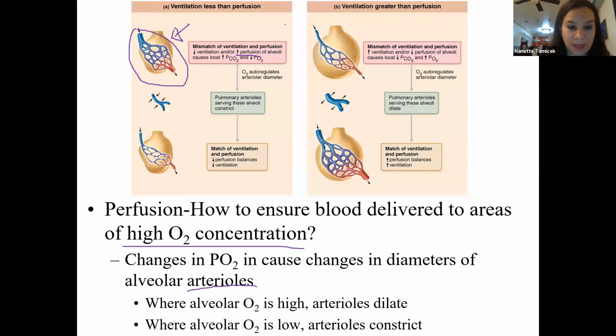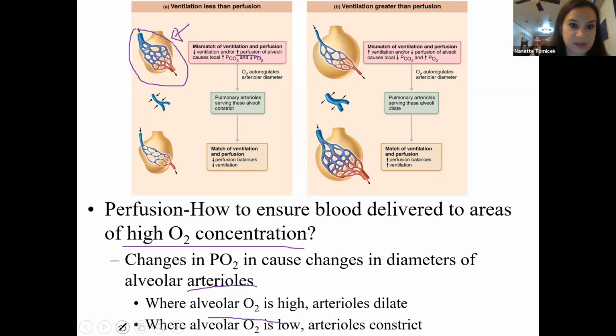Okay, so if the alveolar oxygen is high, those arterioles will dilate so that they can have a better chance of picking up more oxygen. If alveolar O2 is low, the arterioles will constrict.